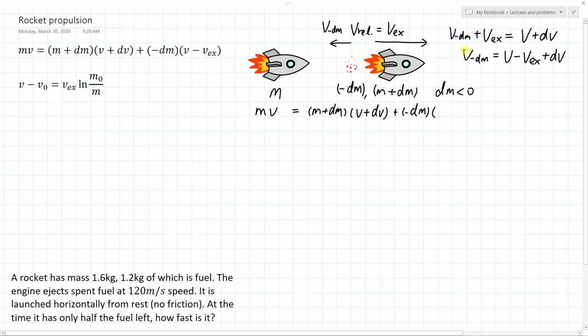And we have that negative dm's velocity, v minus v exhaust plus dv. Let's multiply all these terms through. The first term is mv. Now let's bring this mv down from the left side. We can subtract them away.